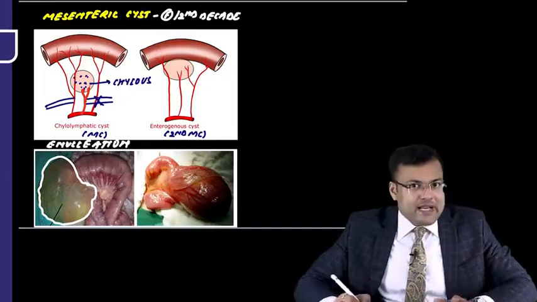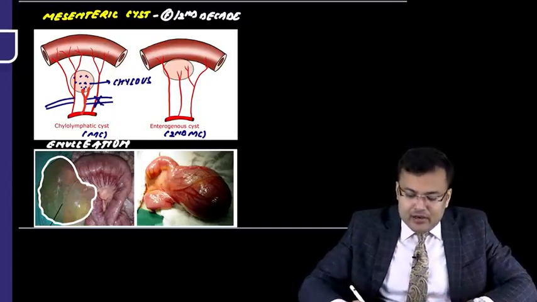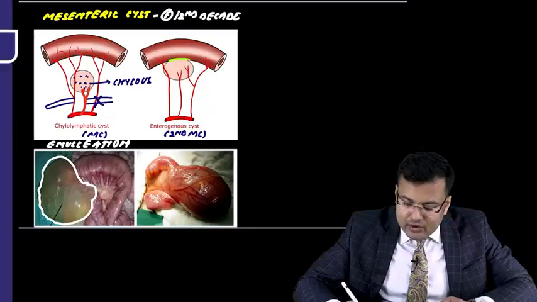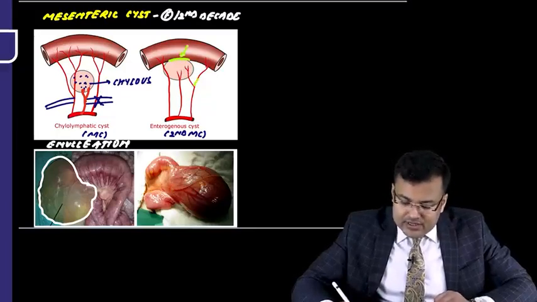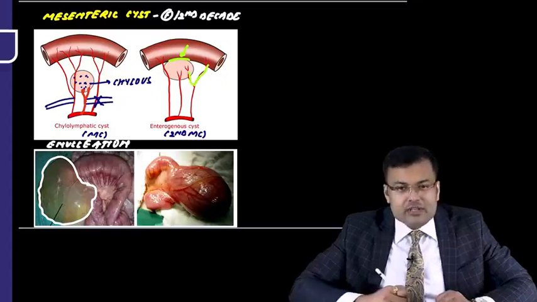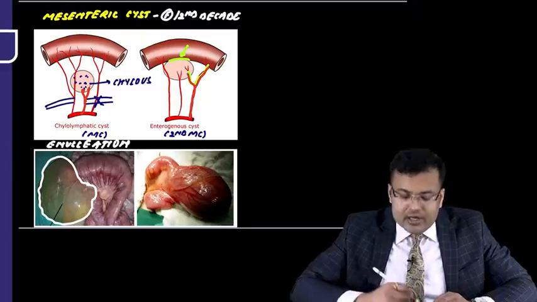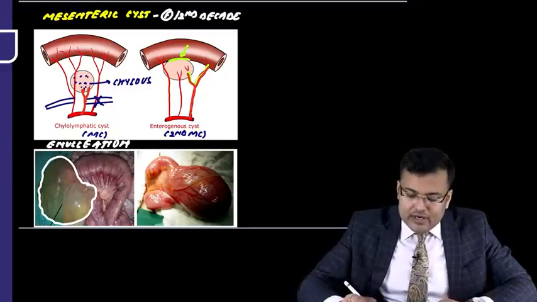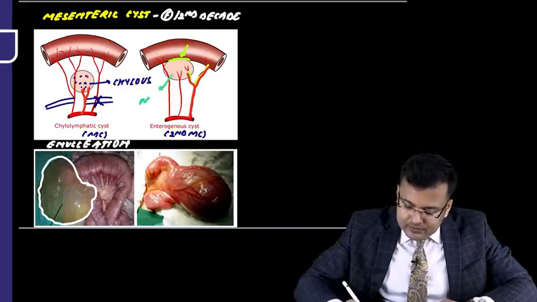But enterogenous means the origin is from bowel. So in this image you can see this wall is shared, and you can notice that there is shared vascular supply. Here, the content is mucinous.